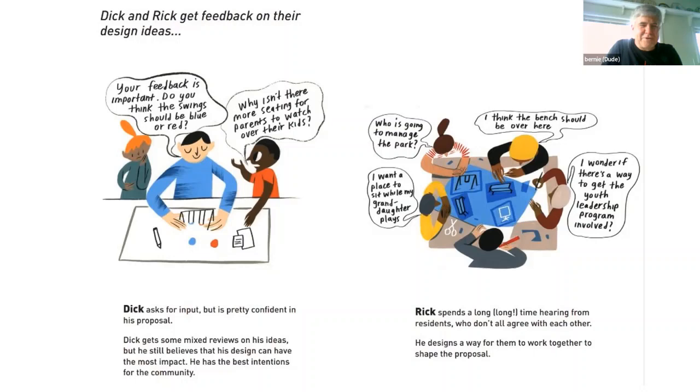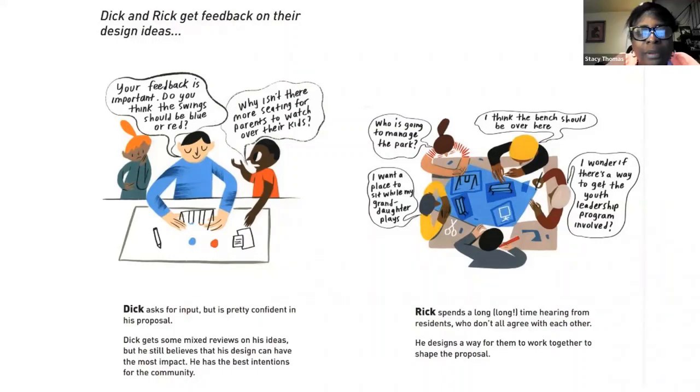Do you think the swing should be blue or red? Why isn't there more seating for parents to watch over their kids? Dick asks for input, but is pretty confident in his proposal. Dick gets some mixed reviews on his ideas, but he still believes that his design can have the most impact. He has the best intentions for the community.